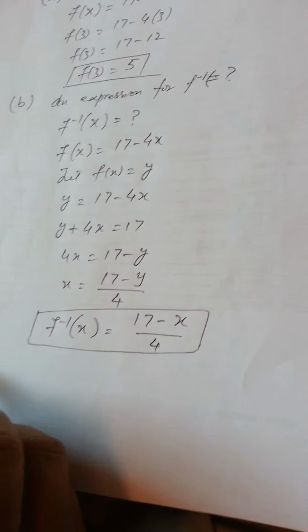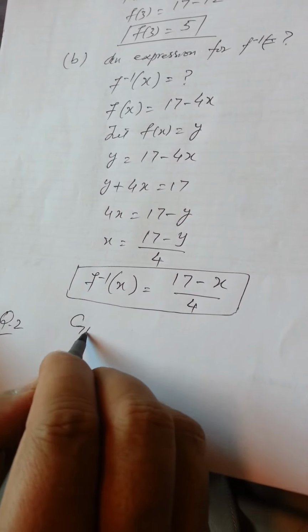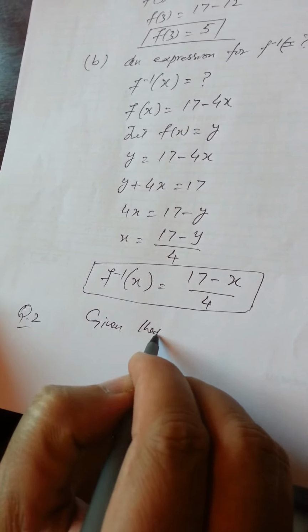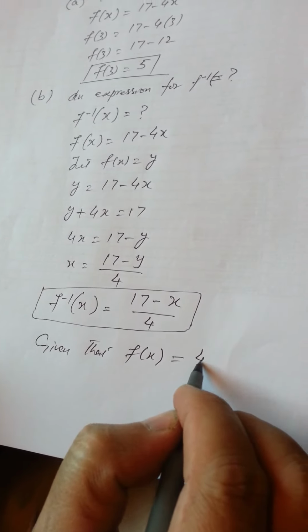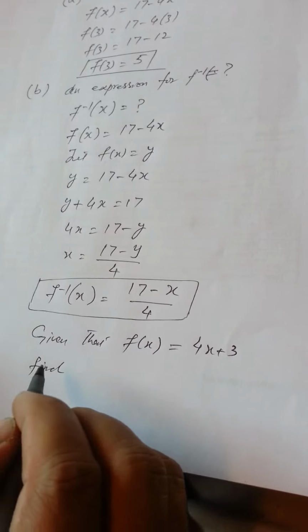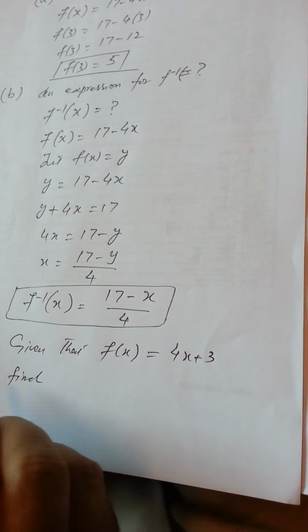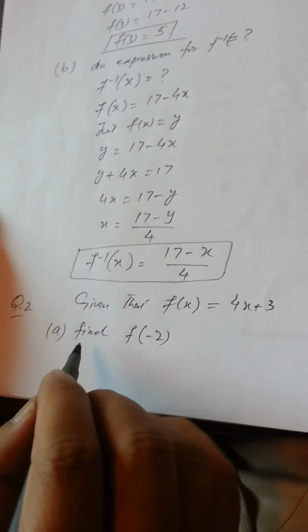Question 2. Given that f of x is equal to 4x plus 3, find in part A f of minus 2.